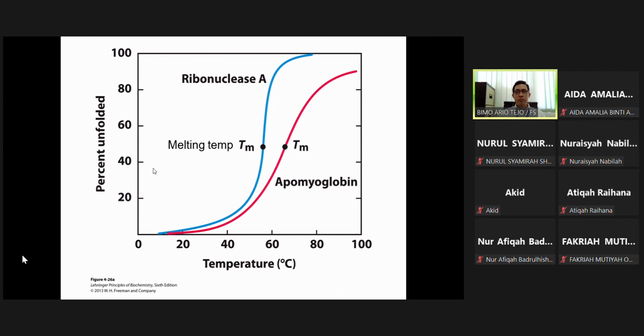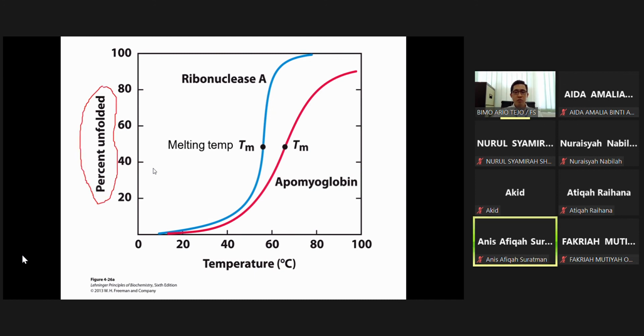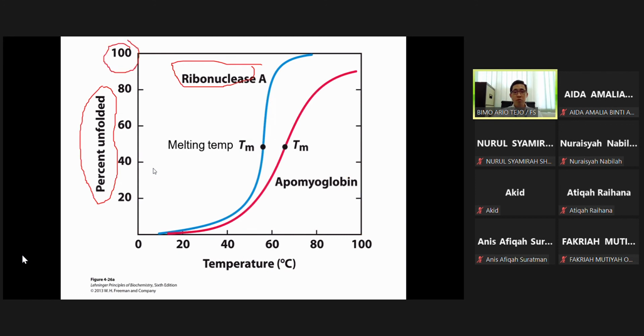So this is what happened with two proteins when you change their temperature. This is the percent unfolded. You see that this is the first protein, ribonuclease. When you increase the temperature above 60 degrees Celsius, almost all ribonuclease is destroyed.